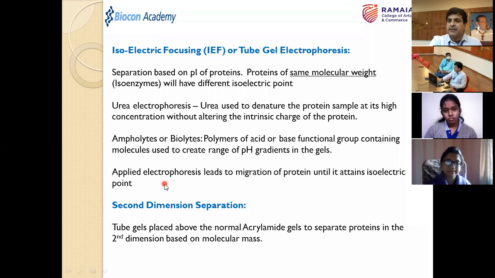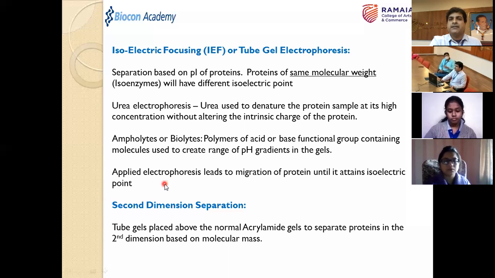When it is attained, there will be no effect of electrophoresis. This is very precise and very sensitive, so two proteins with the same mass can have distinct isoelectric points. This is the basis of tube gel electrophoresis, the first dimension separation. Understood?